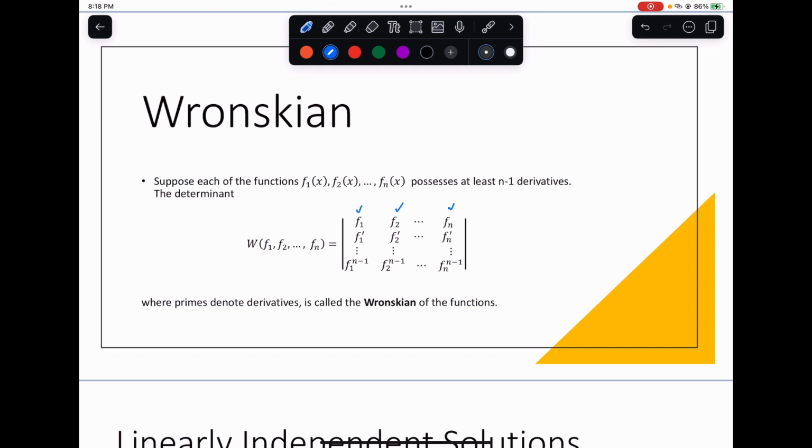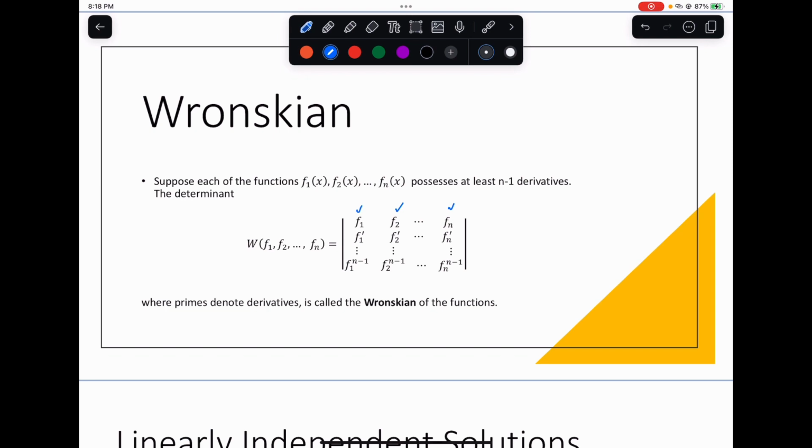If it is a second order equation, there would be two solutions, so that would just be a 2 by 2 matrix, and we only limit our second row to the first derivative. For 3 by 3, I need to differentiate further, finding the second derivative, to form a 3 by 3 matrix.